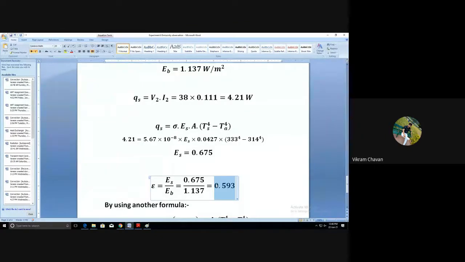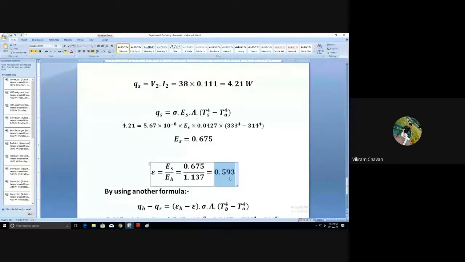Whatever calculation is done by the program, you will get directly the result: emissivity is equal to 0.593. This is the logic behind the program. In which language you want to perform that is your matter.